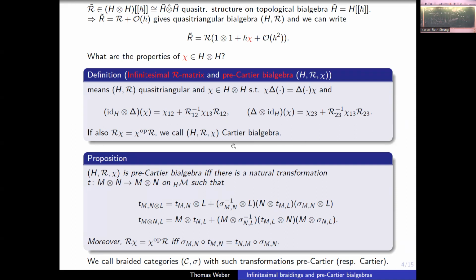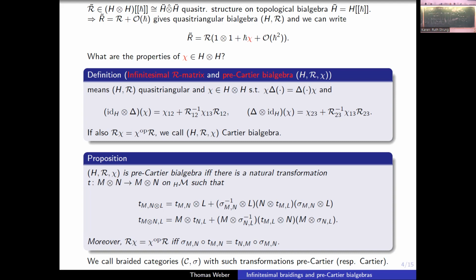Okay, and in some cases it might happen that R chi will be the same as chi opposite R. And if this happens, we call this triple a Cartier bialgebra. So yeah, a subclass of those triples. Very good. So it's not difficult to prove this proposition. It basically works by definition, saying that you have a pre-Cartier bialgebra if and only if on your left H-modules you find a natural transformation T satisfying those two axioms here.